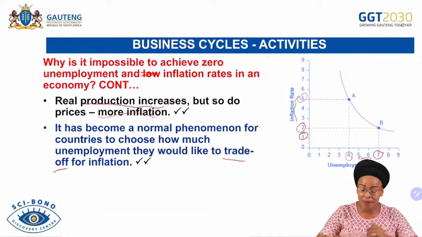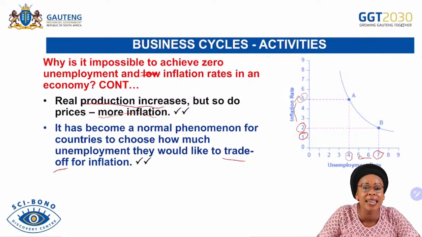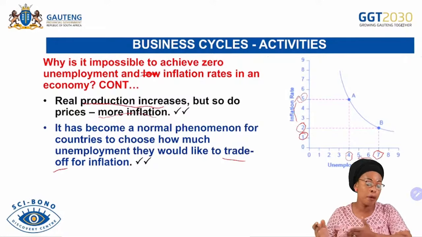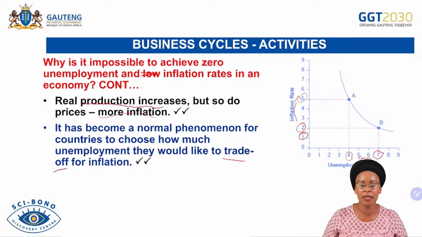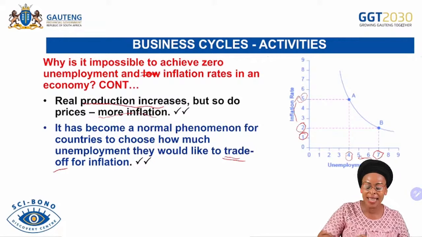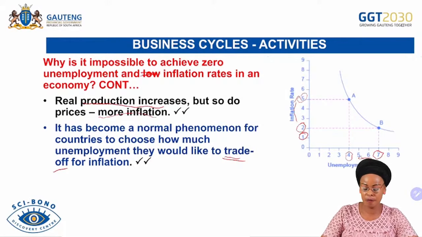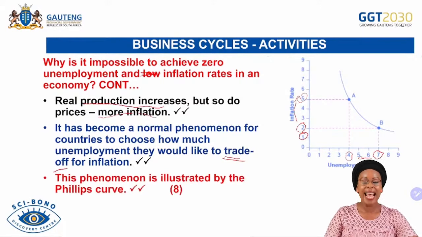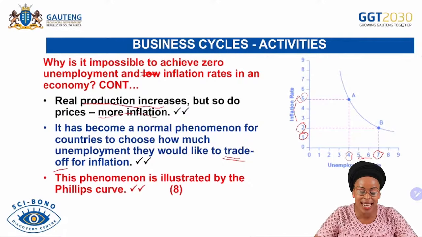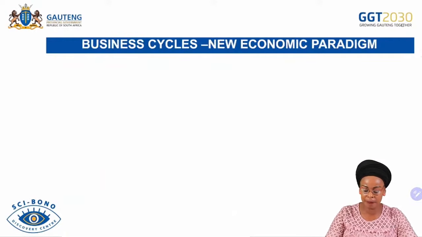But if the government wants a higher inflation rate, then it means that more people should be employed. So I'm trying to explain the trade-off. And this phenomenon is illustrated by the Phillips curve that you learned for 8 marks.